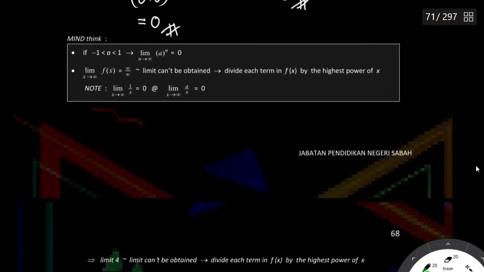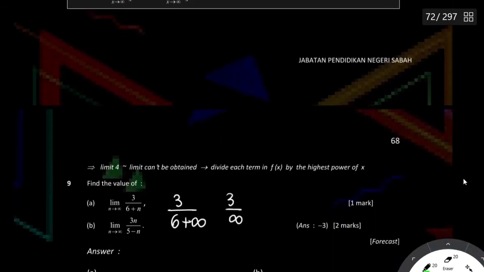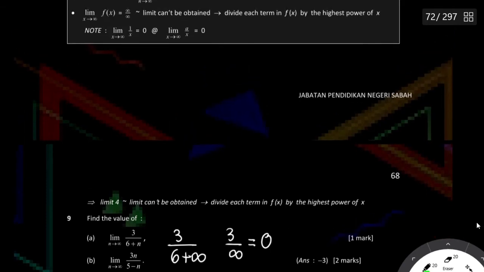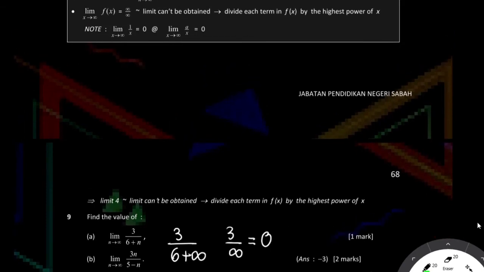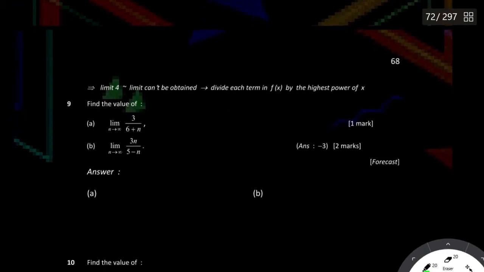This is a rule that you must remember. If your infinity is below, your final answer will equal 0. If you have infinity below, for example, like this one, let me show you nicely.